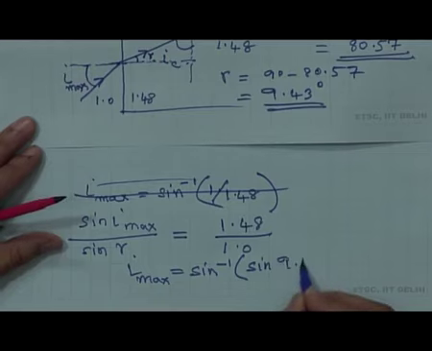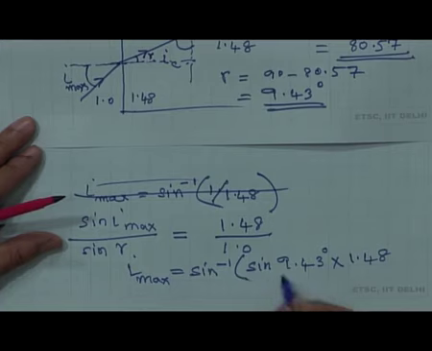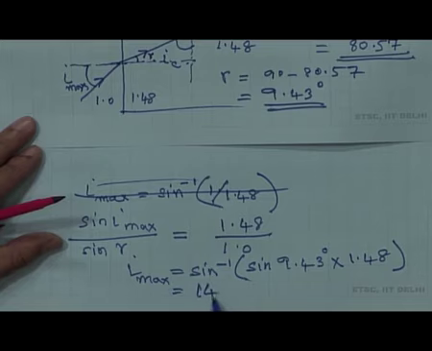So, sine of 9.43 degrees multiplied by 1.48. So, we should get this as about 14.03 degrees.